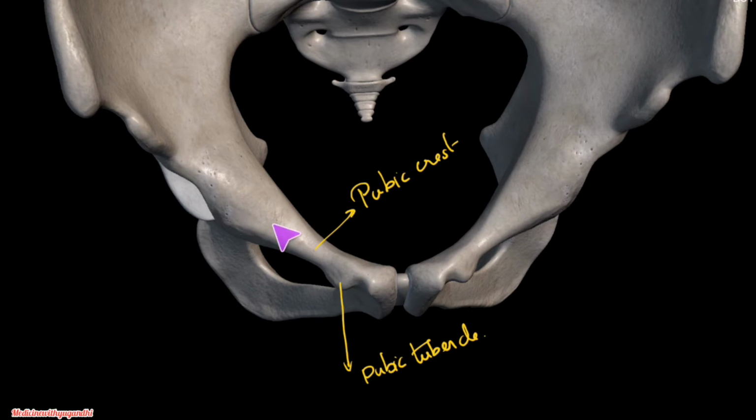This pubic tubercle is crossed by the spermatic cord in males, or else the round ligament of the uterus in females.